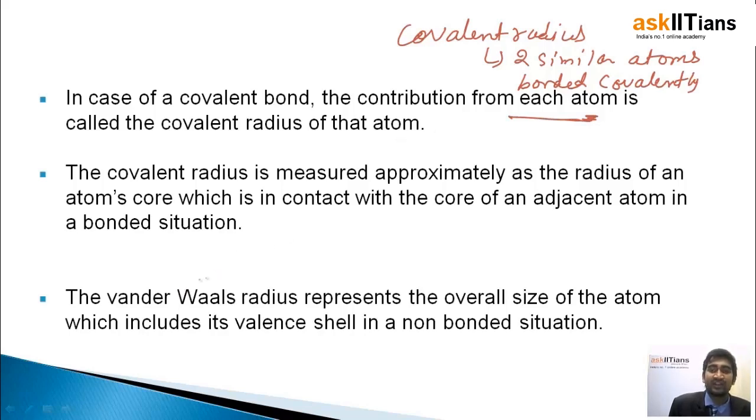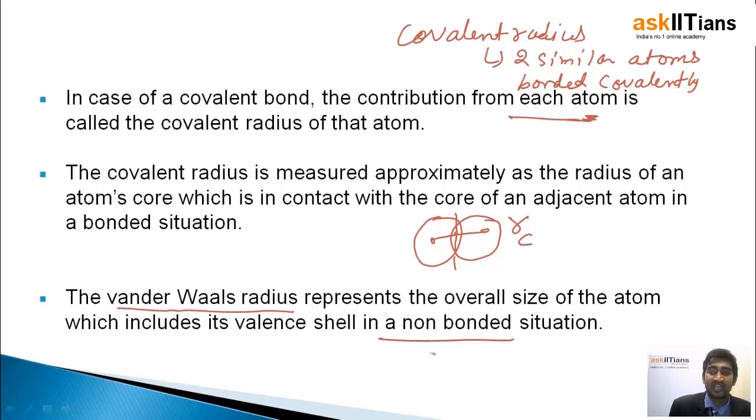And the van der Waals radius represents the overall size. There is another radius called van der Waals radius. For example, if I draw this molecule, half of this distance will give me my Rc, the covalent radius. There is a difference between van der Waals radius and covalent radius. In the case of van der Waals radius, they are not in a bonded situation. This is the main difference.